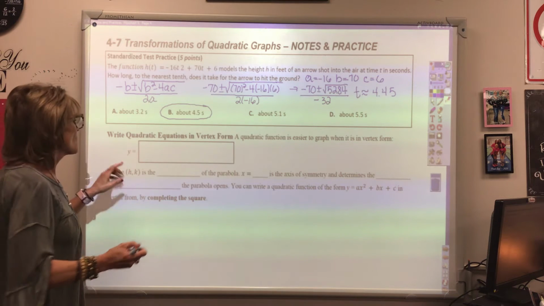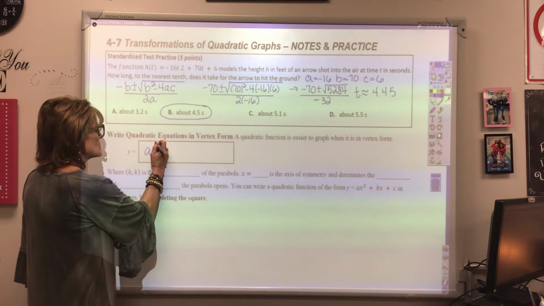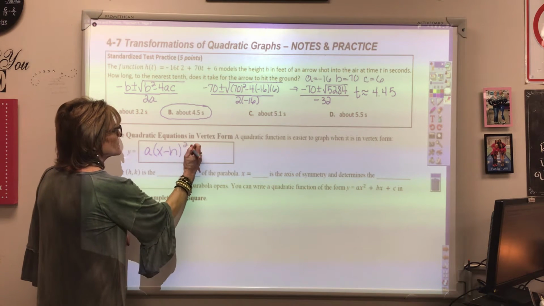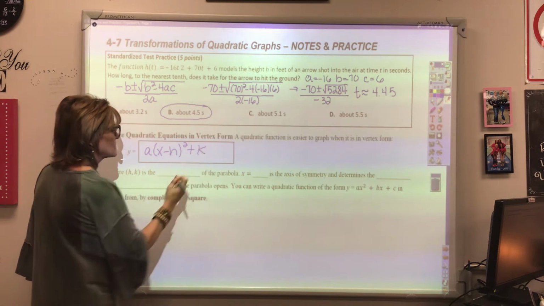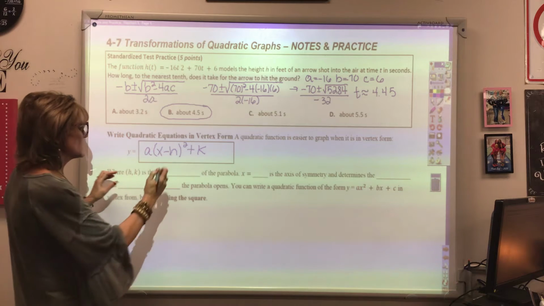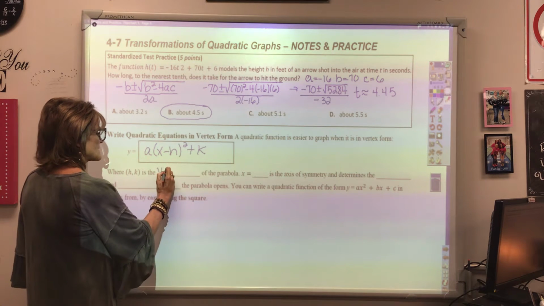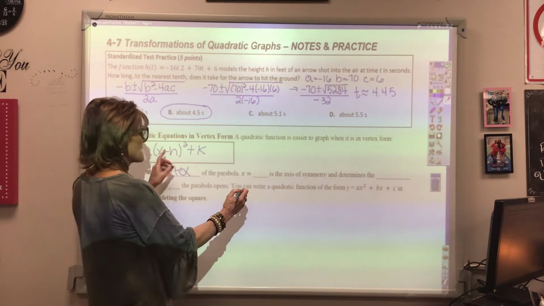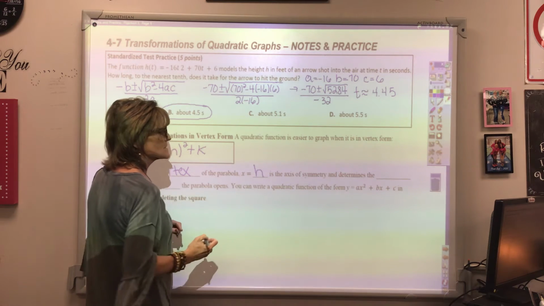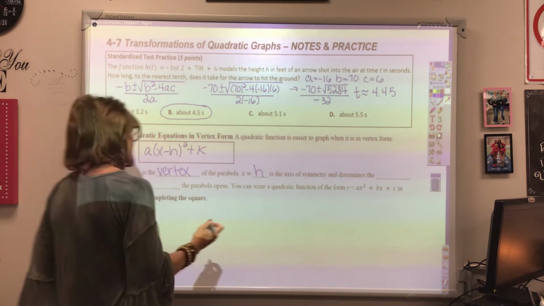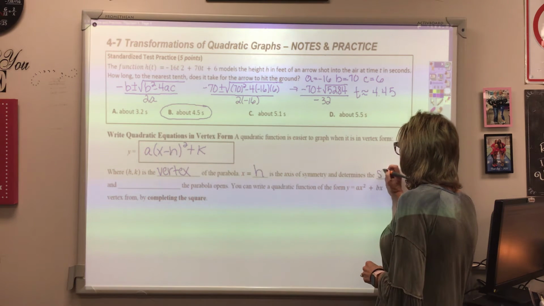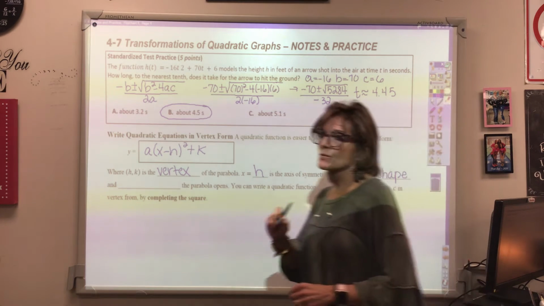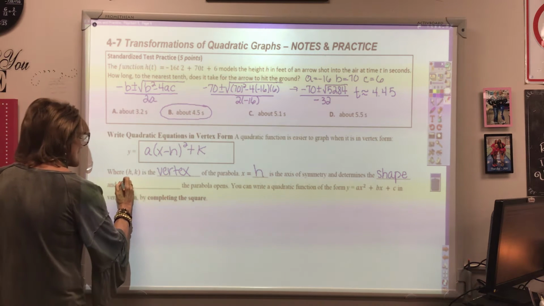The form is this: y equals a times x minus h squared plus k, where h, k is the vertex of the parabola, x equals h is the axis of symmetry, and a determines the shape and the direction the parabola opens.